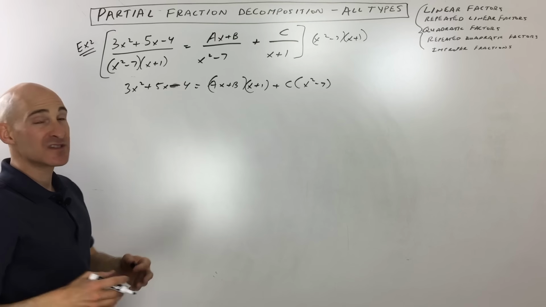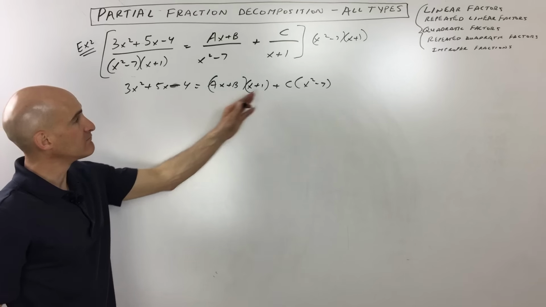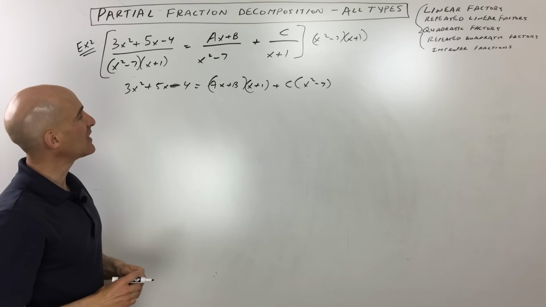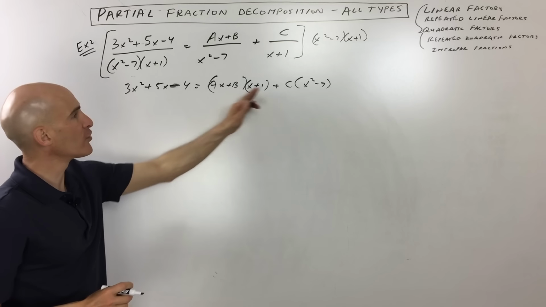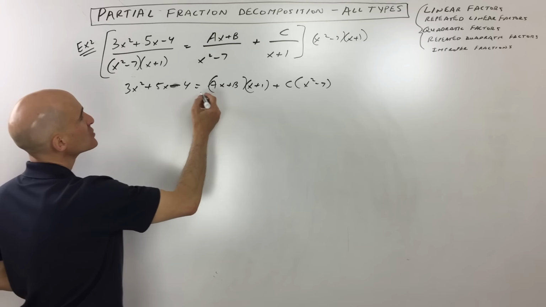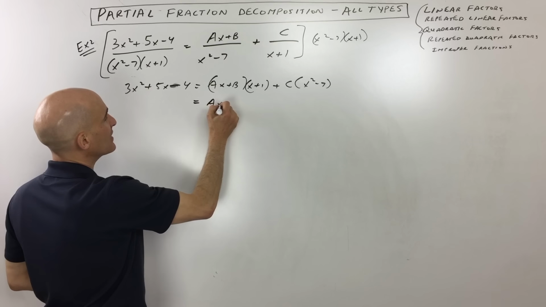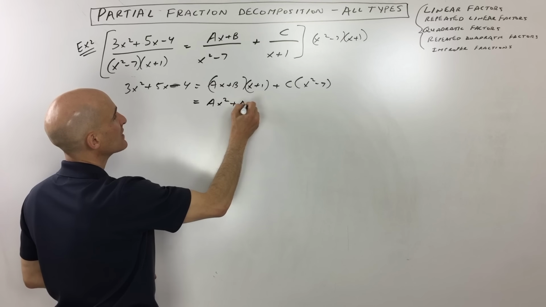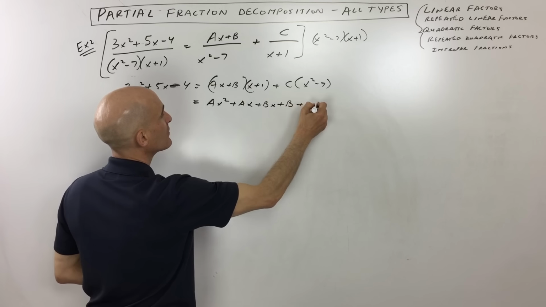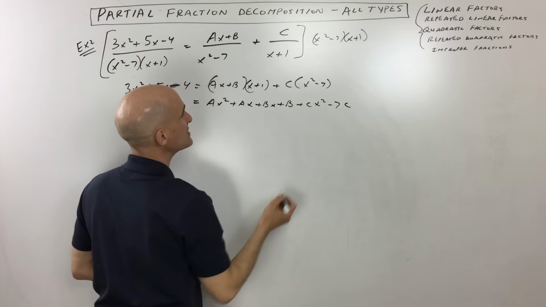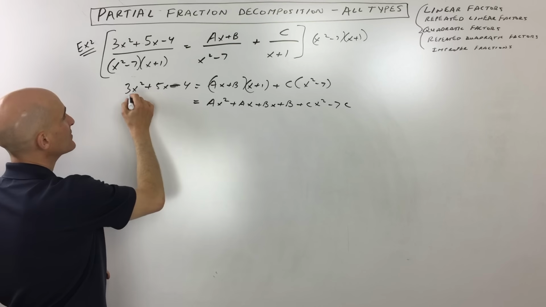So I'm going to do the same thing like I did on the last one, because we've got more variables. It's a little bit more complicated. So I think I'm just going to FOIL this out and make a system of equations. That's going to give us ax squared plus ax plus bx plus b plus cx squared minus 7c, and that's equal to this right here.